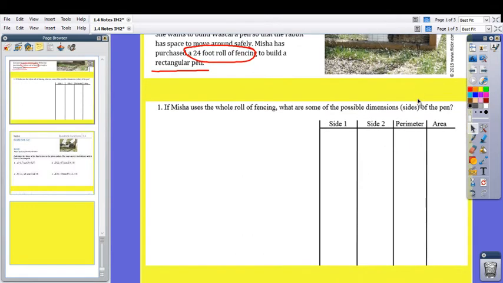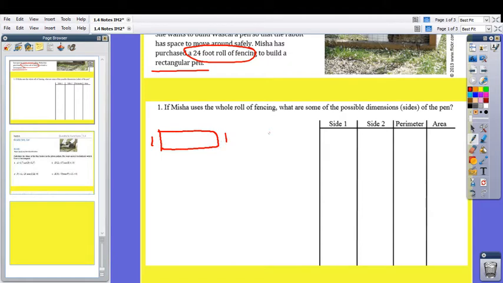If she uses the whole roll of the fence, then what are some of the dimensions or sides of the pen? Okay. So think about it. If one of the sides is 1 and it's a rectangular one, then this will be 1, 2.